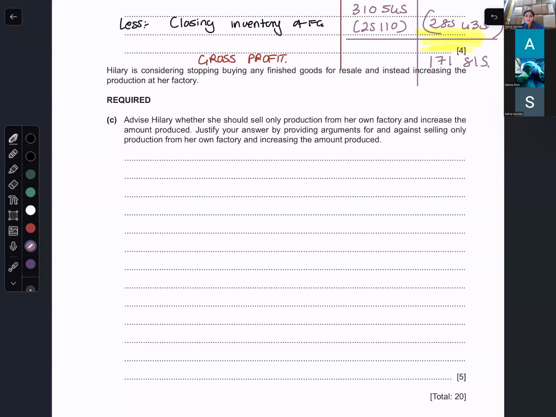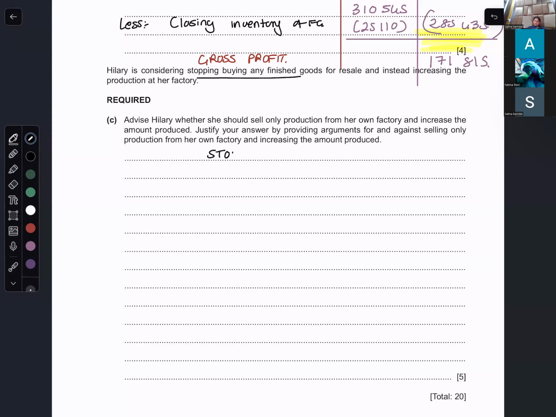Fahad, read the question, please. Hillary is considering stopping buying any finished goods for resale and instead increasing the production at her factory. Advise Hillary whether she should sell only production from her own factory. What is she considering to do?